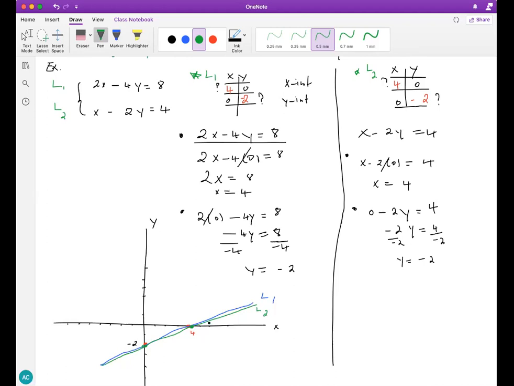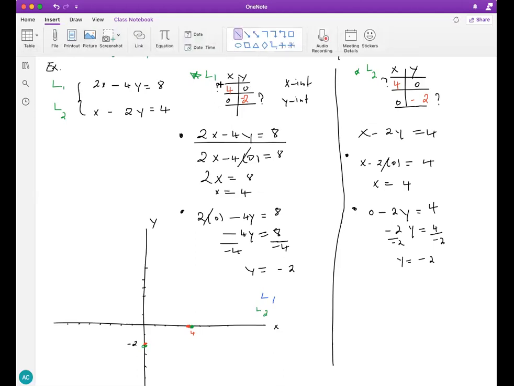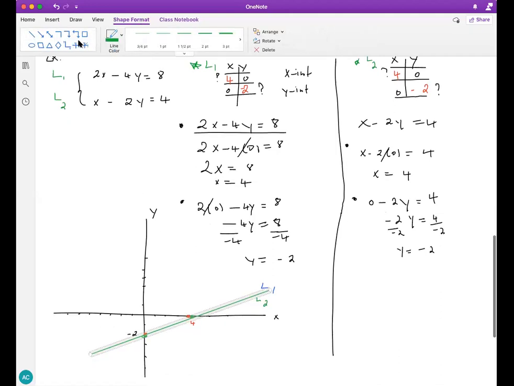As you can see, the lines, let me actually use some lines here. So the first one, the green line, and also the blue line.